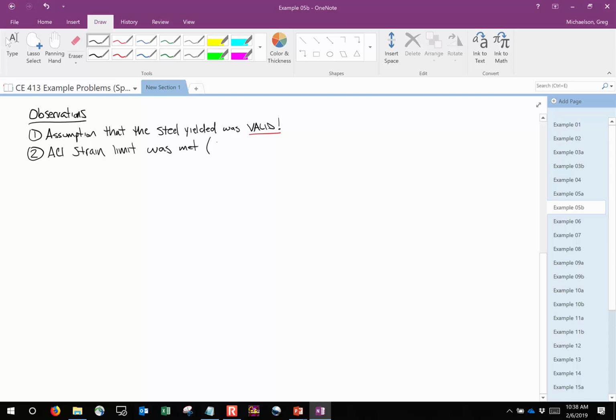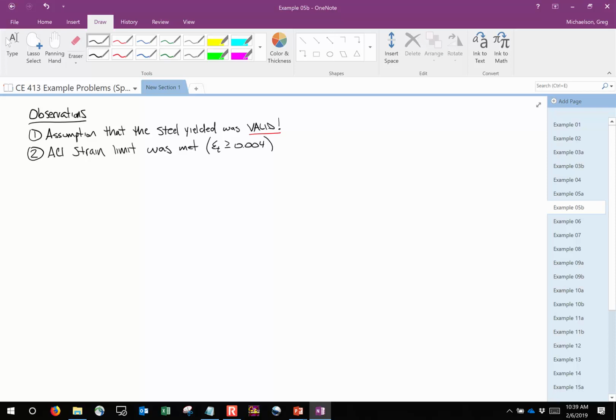In other words, the strain in the steel is greater than or equal to 0.004. So that's been met.